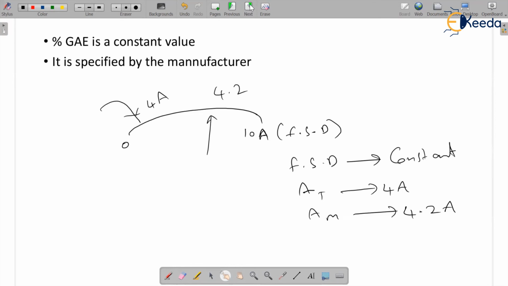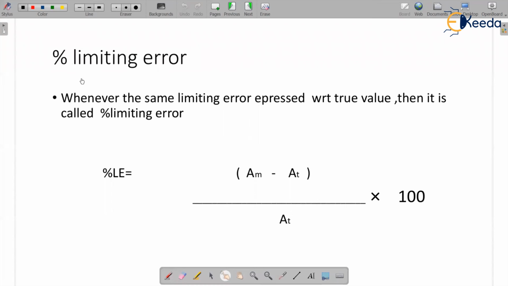Now let's go for what is limiting error. Percentage limiting error: when the same limiting error, which we calculated with all 3 points, is expressed with respect to the true value, it is called percentage limiting error. Percentage limiting error is equal to measured value minus true value into 100.